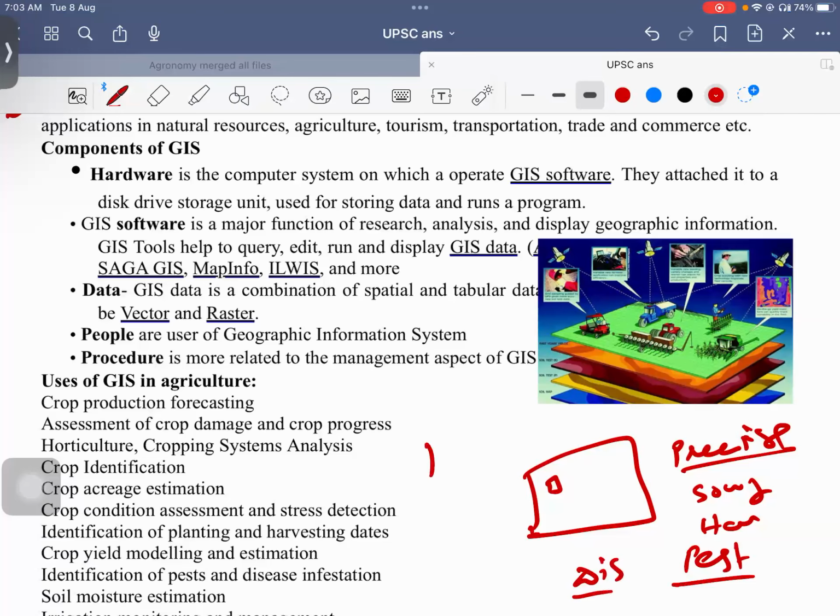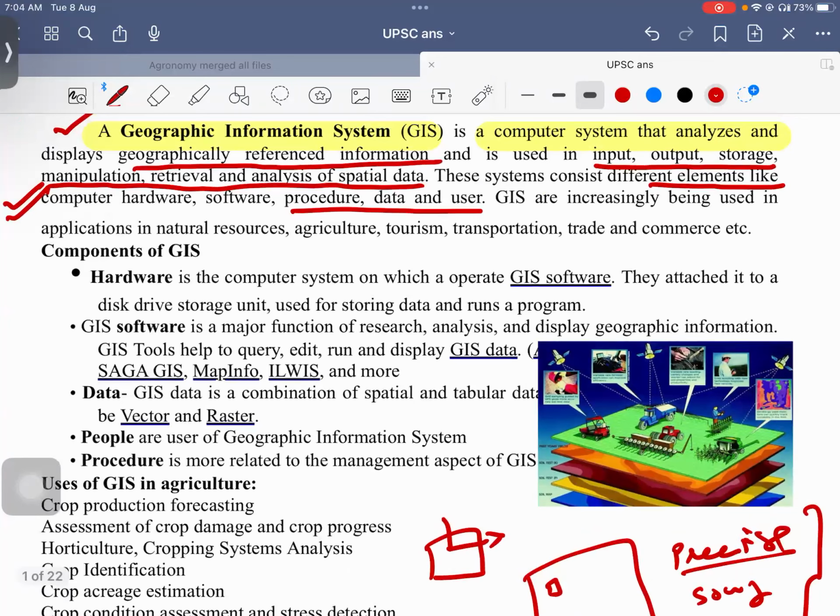In that we can use the satellite data, the GIS data, and we can precisely apply all these things based on the required quantity, based on the necessity. That is called precision farming.